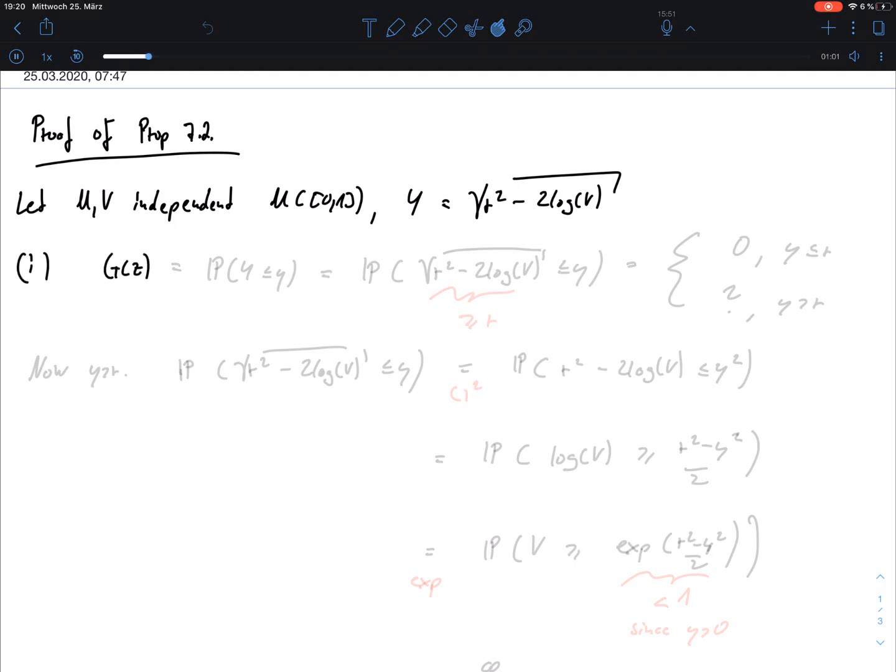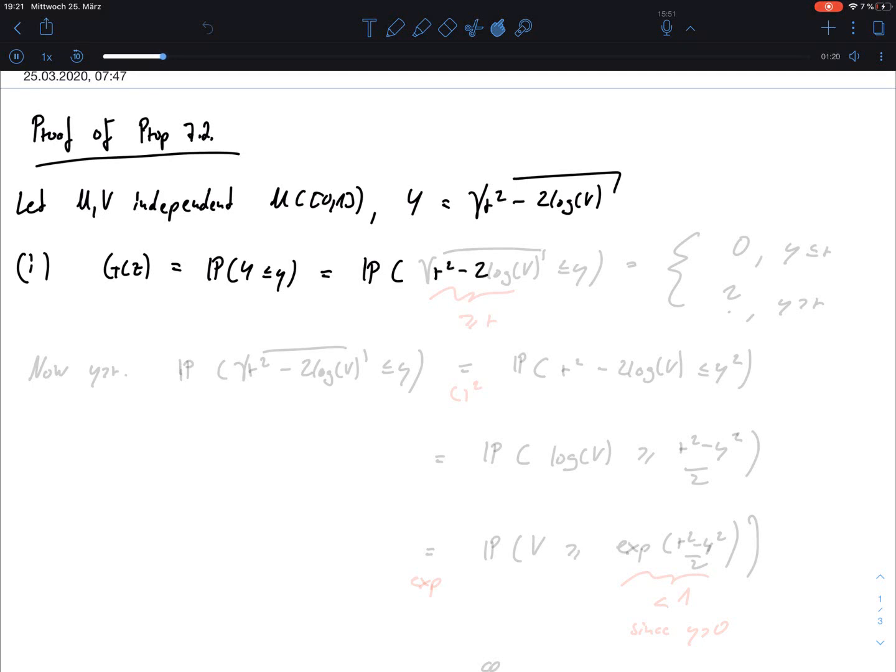Compute the pseudo-density of Y. We do this by computing its density, and we are going to compute its density by computing a distribution function and by differentiating. Okay, so let's plug in everything.